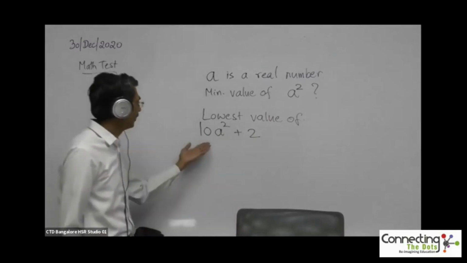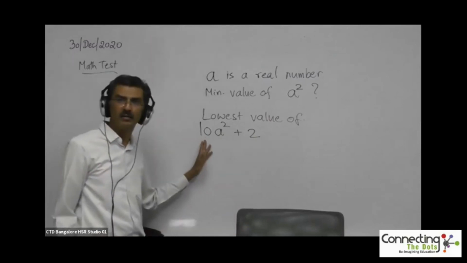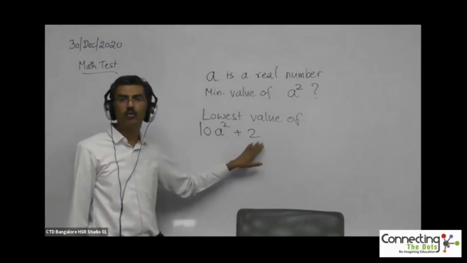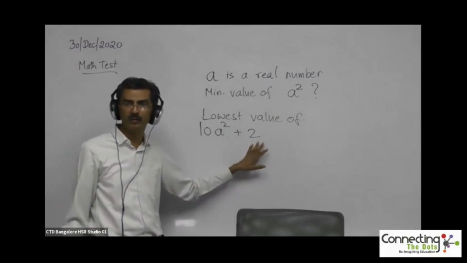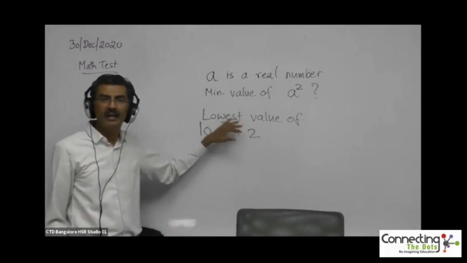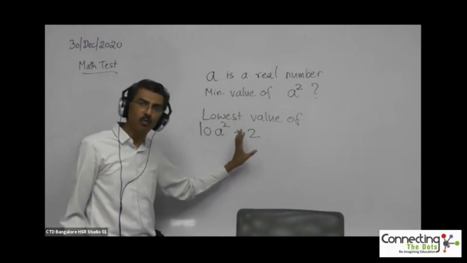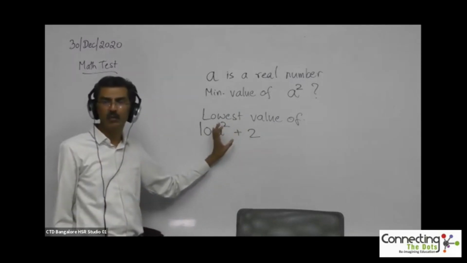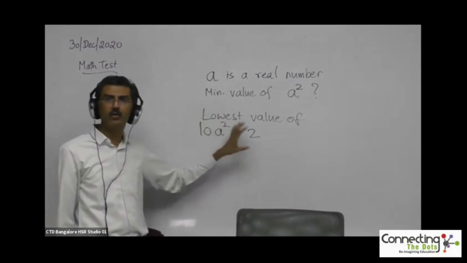Now, this is multiplying a square by 10. So 10 is not a number that's going to change. 10 is fixed. We're adding 2 to it. That's not changing. It's a constant. So the value of 10a square plus 2 can change only because a square is changing, not because 10 is changing or 2 is changing.